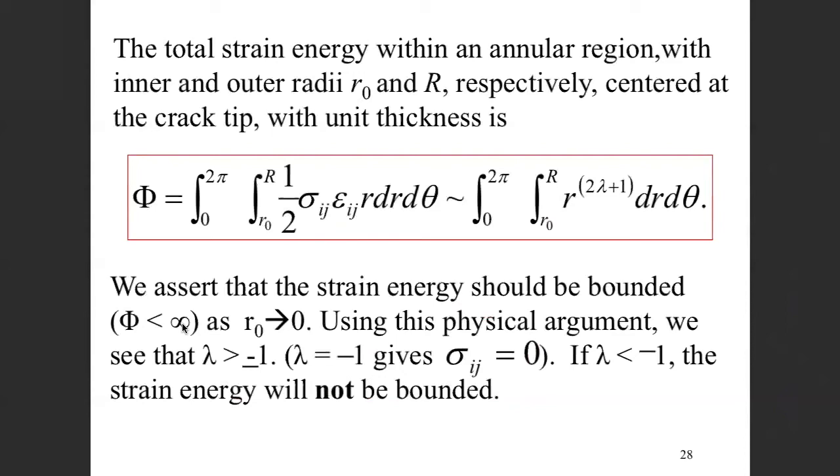Basically the idea is that we don't want the strain energy to go to infinity at the singularity. So we put in very simple bounds, right? As we integrate from some R0 to some R1 value, over some angular region around the crack tip, as R0 shrinks smaller and smaller, this strain energy should stay less than infinite.